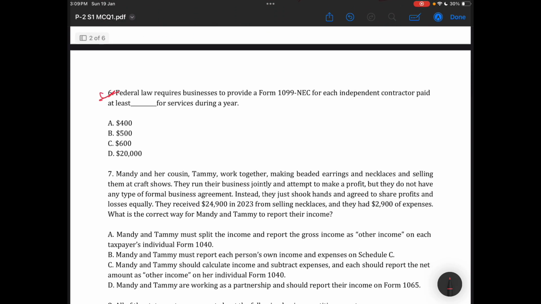The next question is, federal tax law requires a business to provide a 1099-NEC for each independent contractor paid at least a certain amount for services during the year.